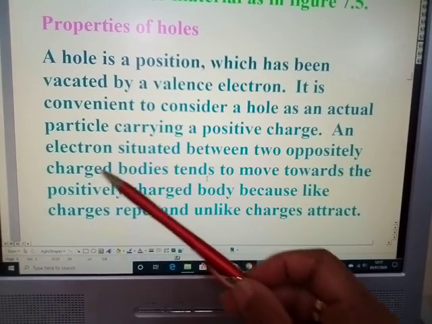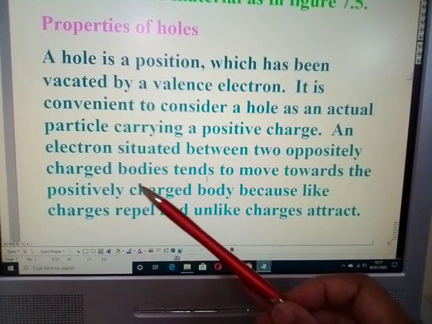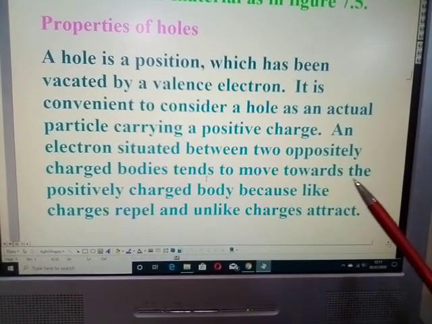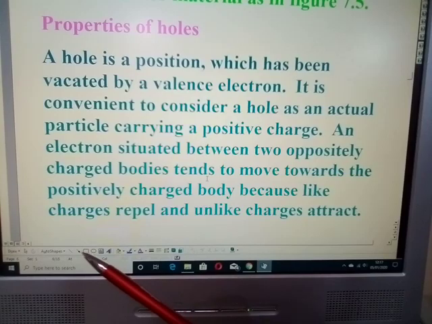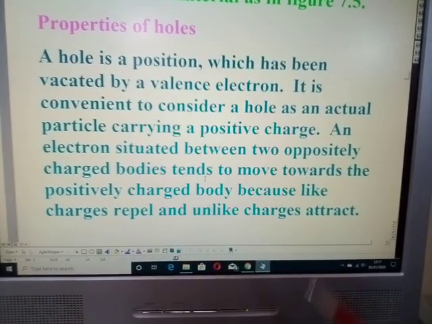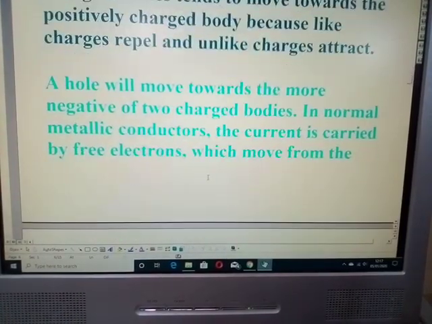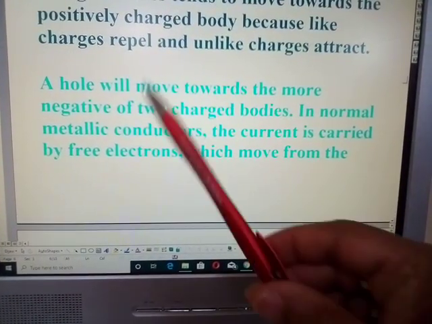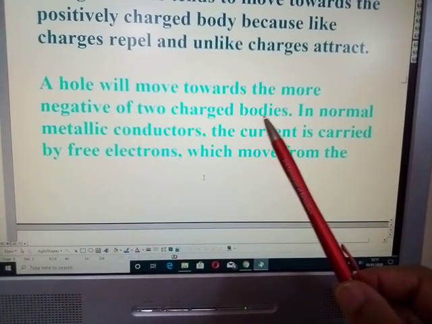An electron situated between two oppositely charged bodies tends to move towards the positively charged body because like charges repel and unlike charges attract. Now, a hole will move towards the more negative of two charged bodies.